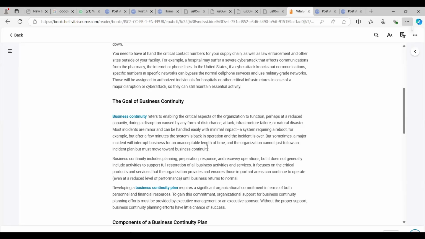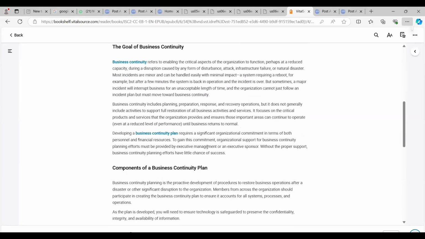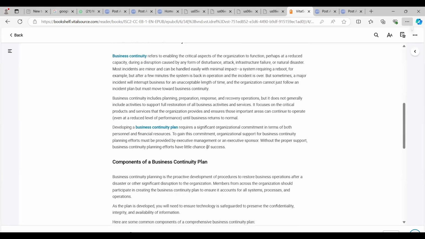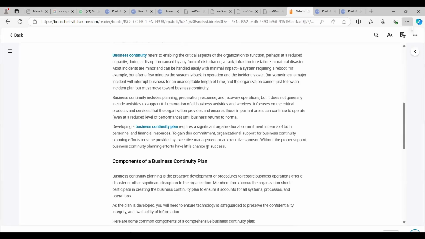And the organization cannot just follow an incident plan, but must move toward business continuity. Maybe they will just spin up another server or another system and leave the one that is trying to come up. So business continuity includes planning, preparation, response, and recovery operations.